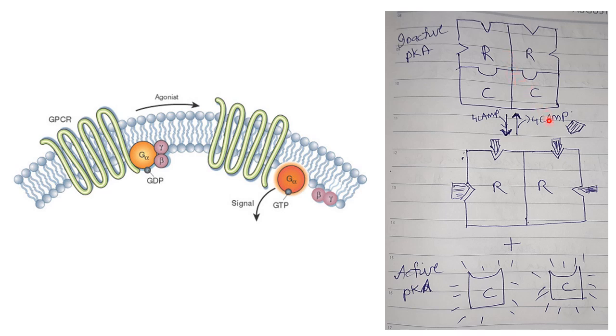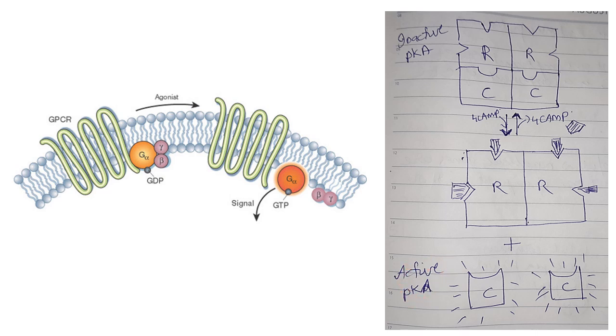When cAMP binds, the 4 cAMP are binding here. When they bind to 2 sites on each of the R subunit, the R subunit undergoes conformational change and dissociates from the catalytic subunit, and the catalytic subunit is free now and you will get an active PKA.